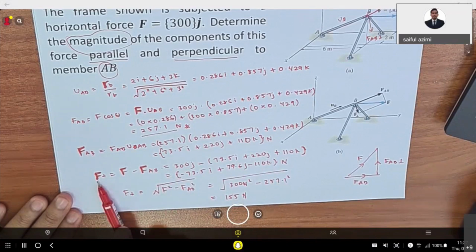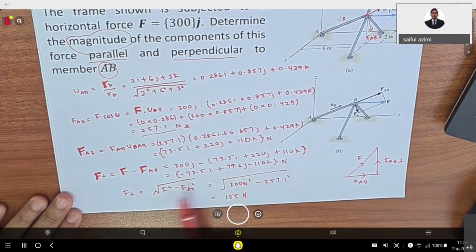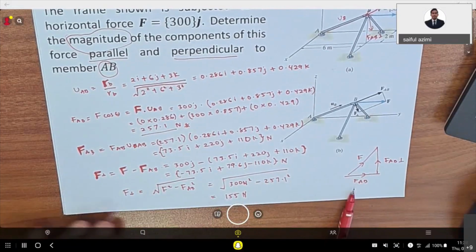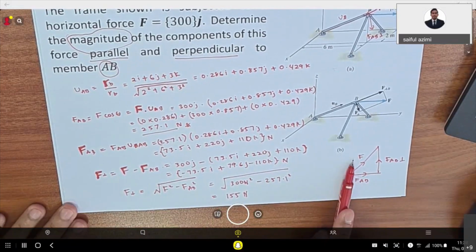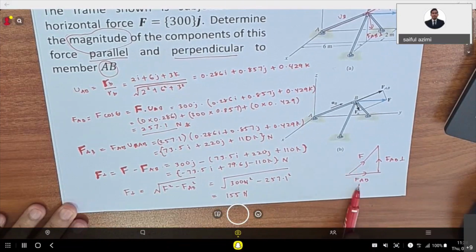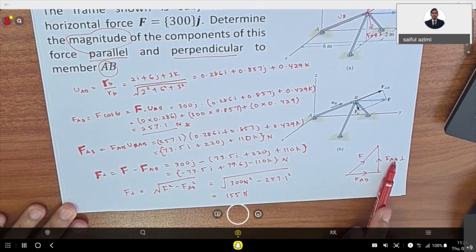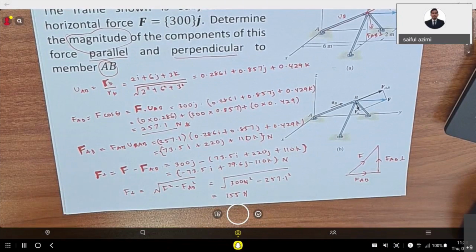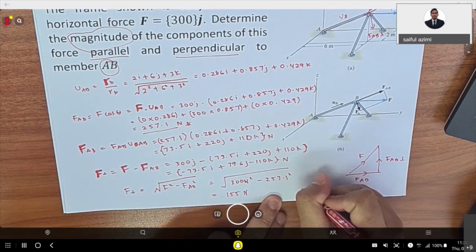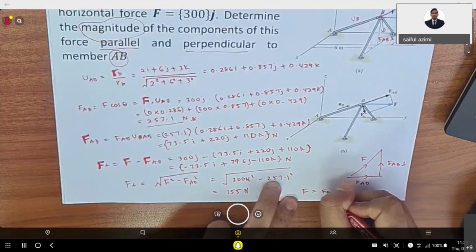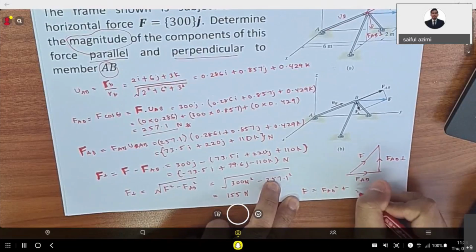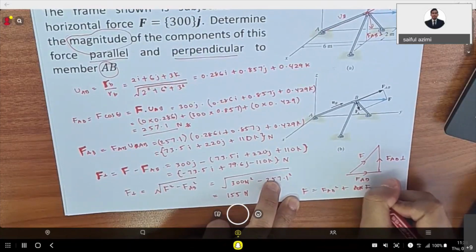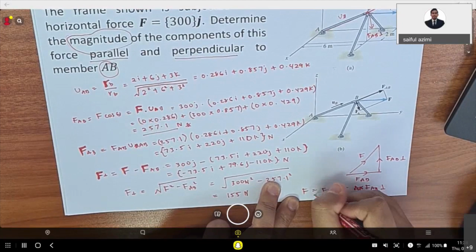And if you wanted to find the magnitude, you can use the formula, or you can just use Pythagoras from here. Because FAB you already have, F you already have. So F squared minus FAB squared, square rooted, equals this one. Because Pythagoras is simple: F squared equals FAB squared plus F parallel squared.